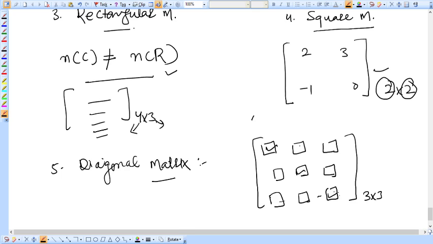So see here, this must be 0, and here you can have something non-zero: 1, 5, 7. So this is a diagonal matrix. The matrix will look like this: 1 0 0, 0 5 0, 0 0 7.